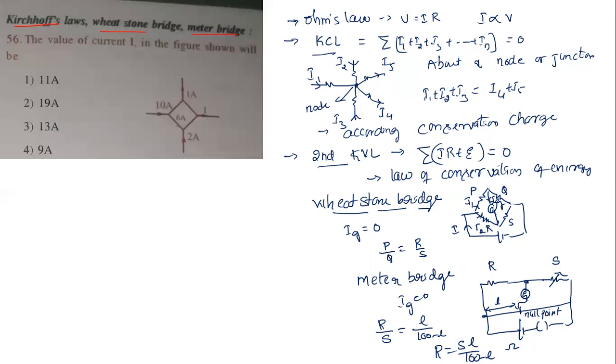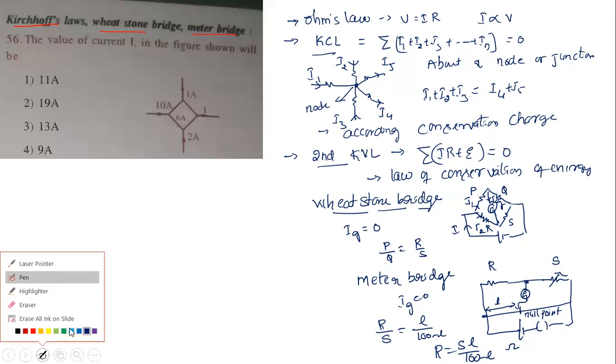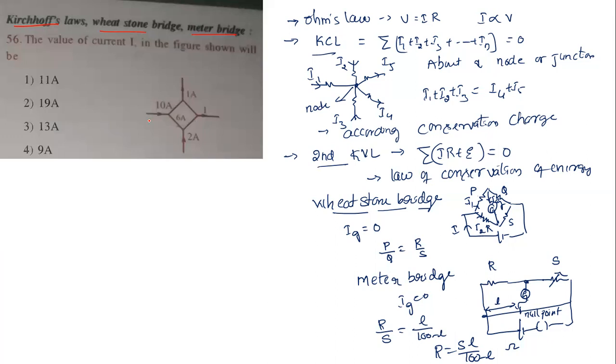It looks a little bit complicated, but it is not actually. You find confusion about where the current is flowing. 10 ampere is coming in here, and where is it going, this side or that side? There is only one thing here: it is a junction point, a node point.